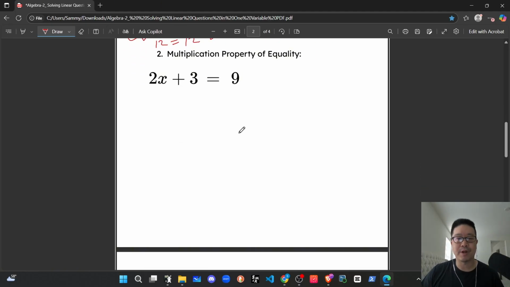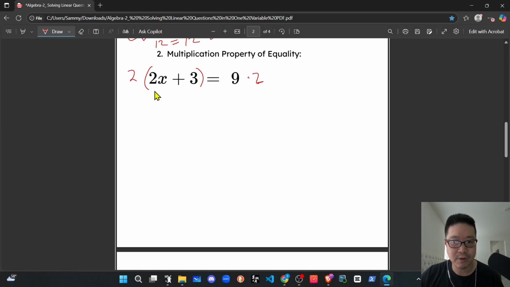The second property that you need to know is called the multiplication property of equality. And this just says whatever you multiply or divide on one side of the equation, you must also do to the other side of the equation to maintain equality. So I'm going to try multiplying both sides by 2 and see if we still end up with a true equation.